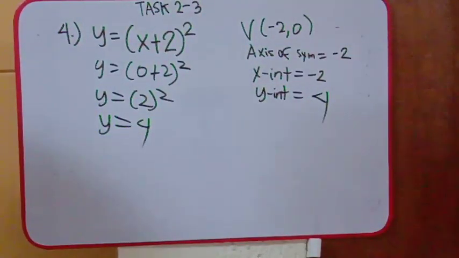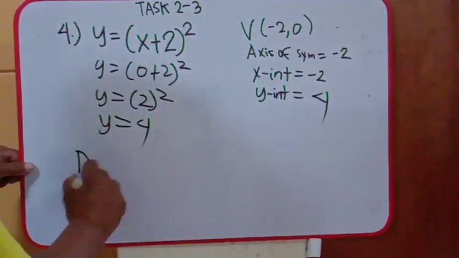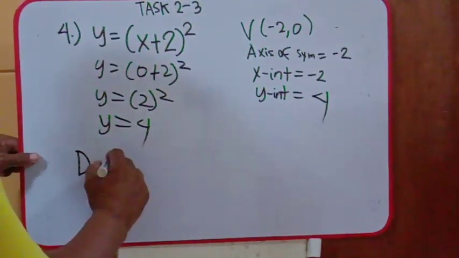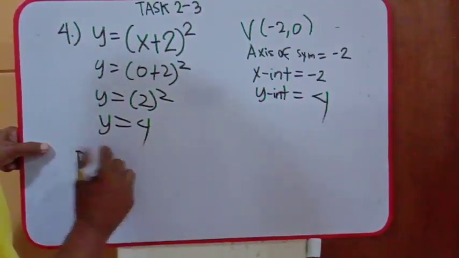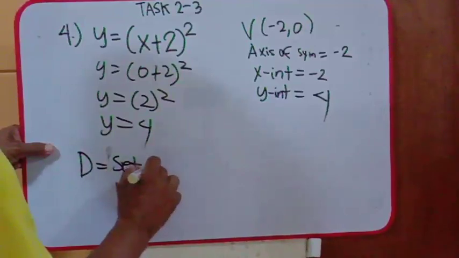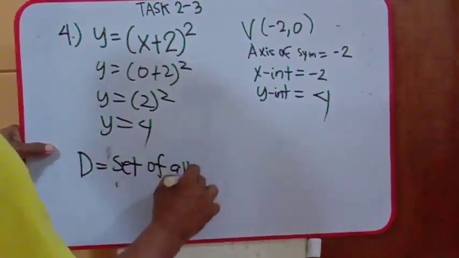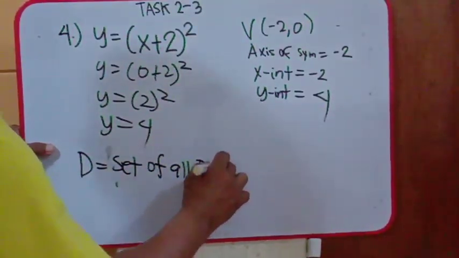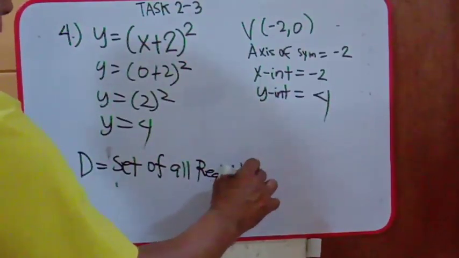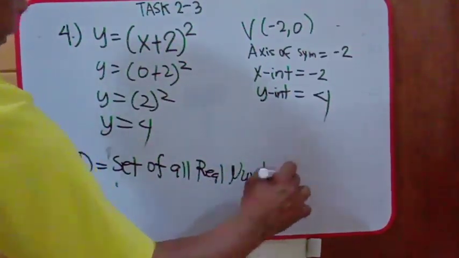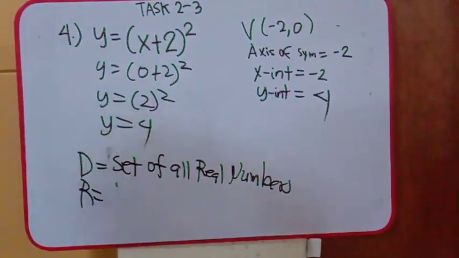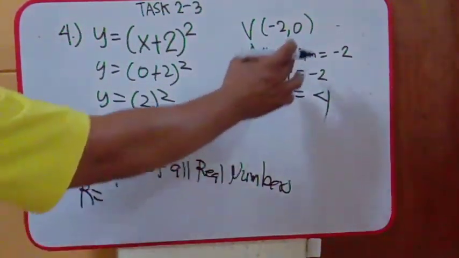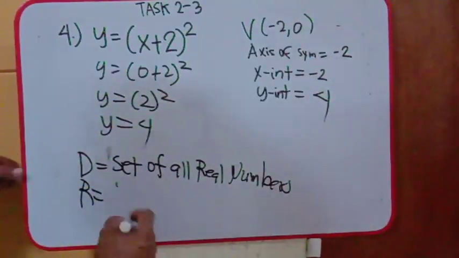Okay, next, what is our domain? So the domain is set of all real numbers. What is the range? Ano ang range natin in this case? So, ang range natin, k equals to 0.